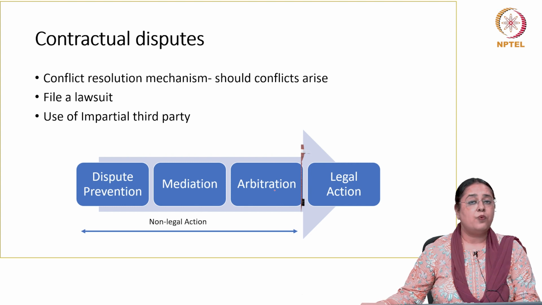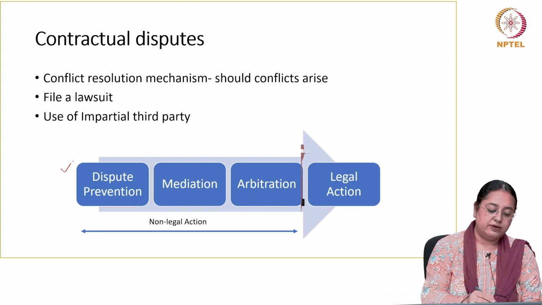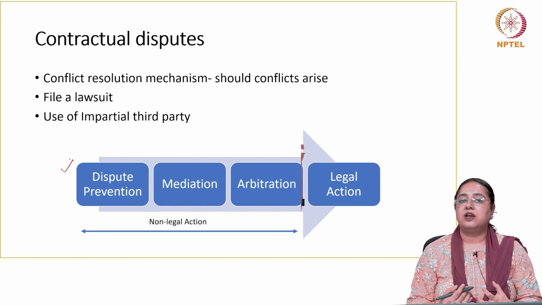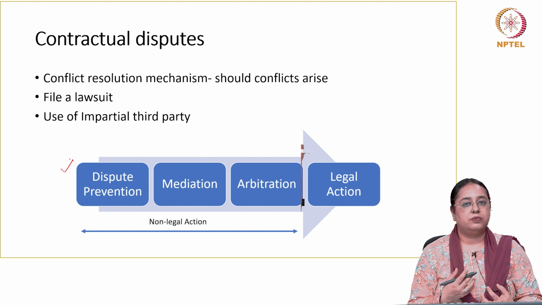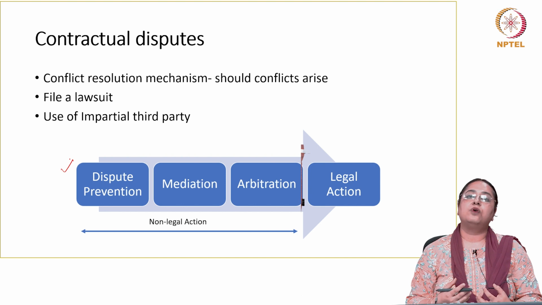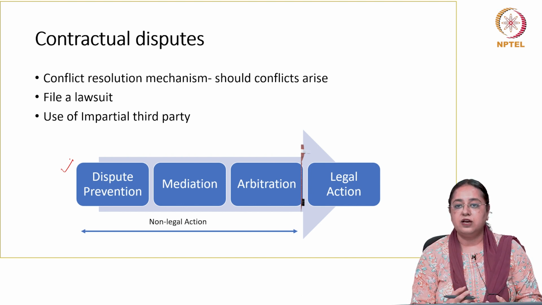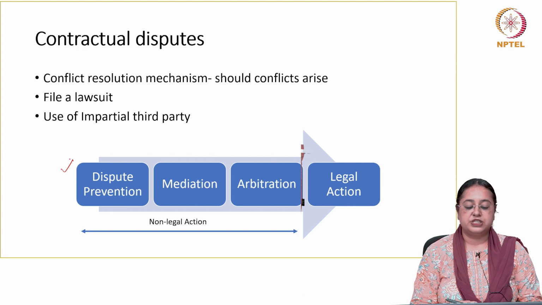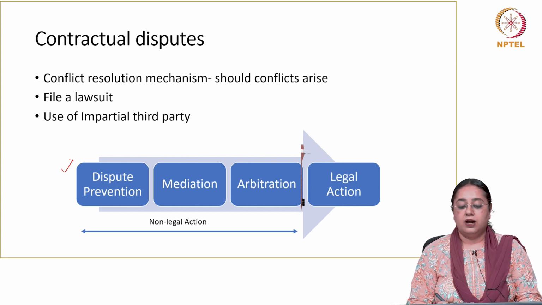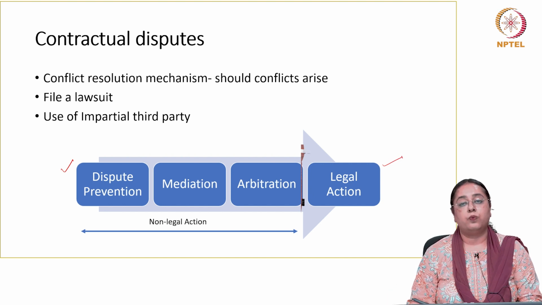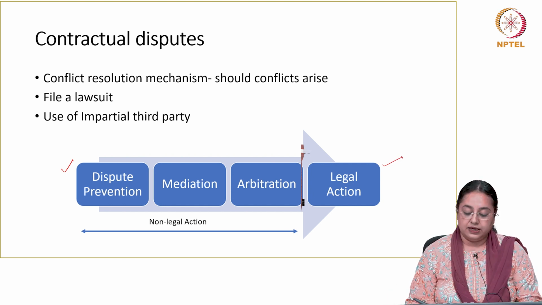There are two extremes: should we mention each and every clause, or develop the contract in such a manner that it takes care of every clause and can prevent the dispute? But at the other end, we might have an extreme condition where we have to take legal action.